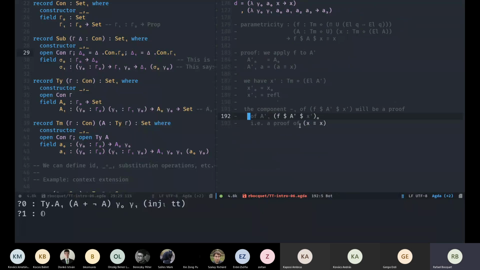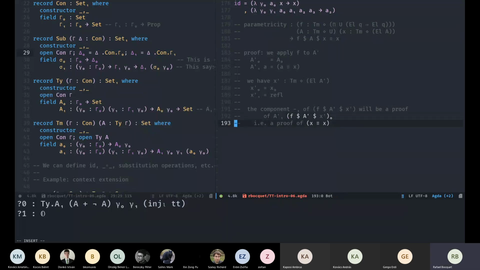Okay, so the first component will be a proof of A prime 1 at the first component. The first component is this, but it's also equal to the same one without the primes. So I think we don't get an equality between the second components unless we restrict the model to Prop valued families.